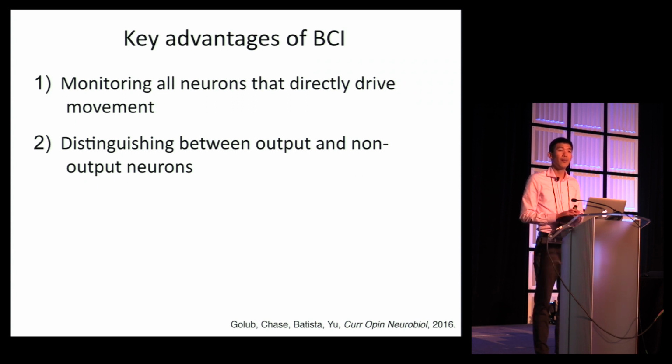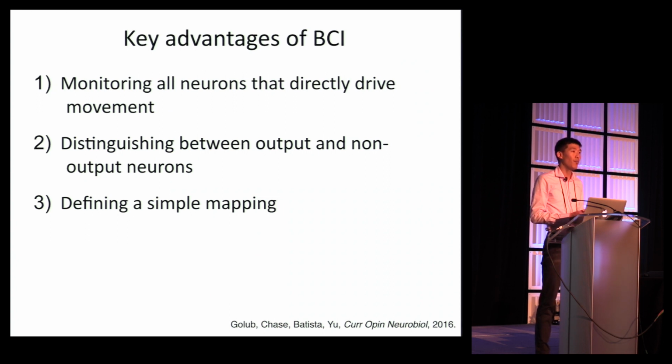And so this is relevant for addressing questions involving readout between one brain area and another brain area, because not all neurons in brain area A project directly to brain area B. Right? And so we can address questions about what happens to those neurons that do not directly feed to the downstream area or the readout.